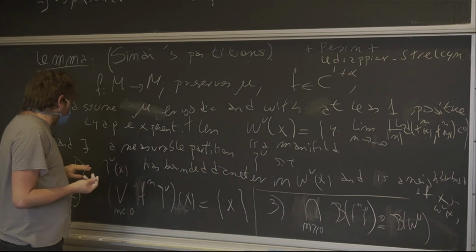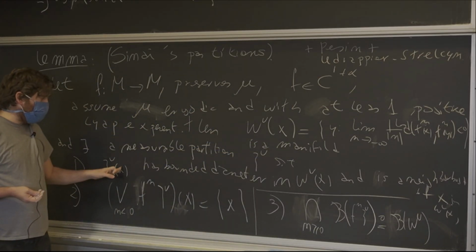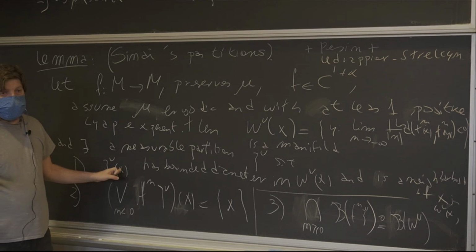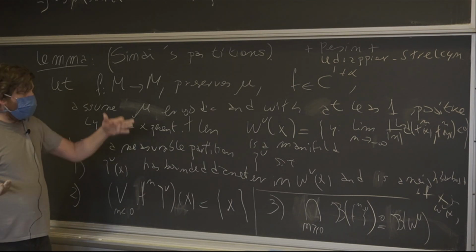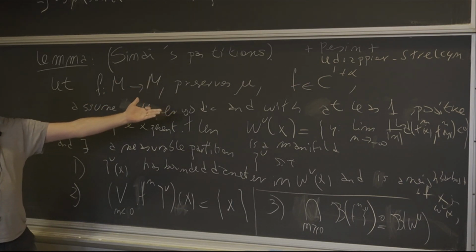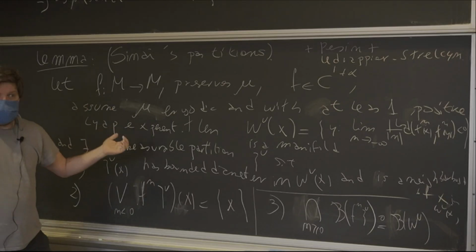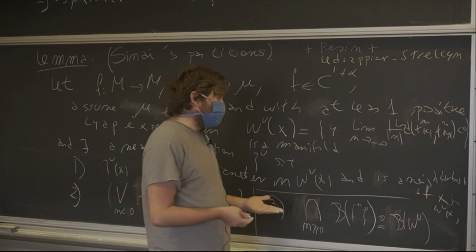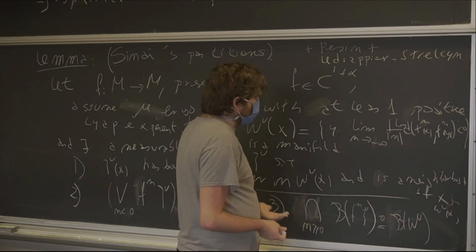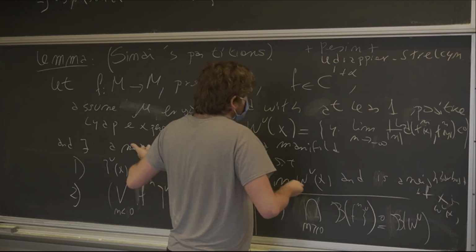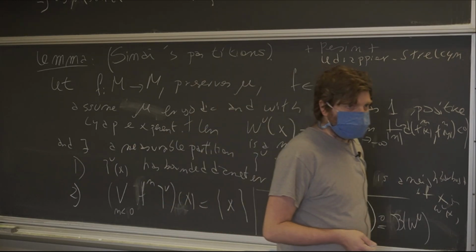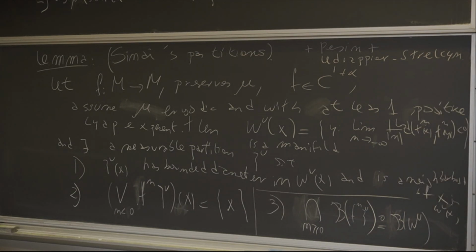And then this is perfectly fine if you just take psi u of x to be delta, the point x, because then this is open and bounded in the unstable of x, and all the rest is completely trivial. But since it is so trivial when you get no exponents, it's better to assume at least one.